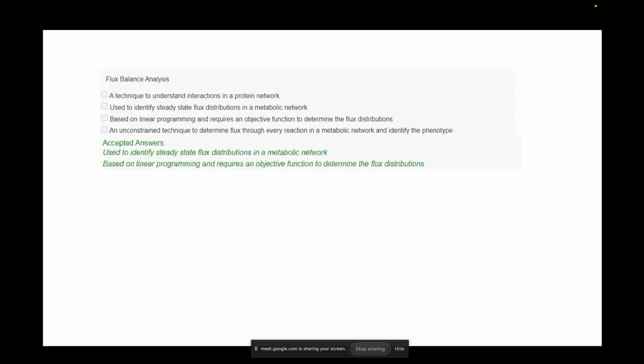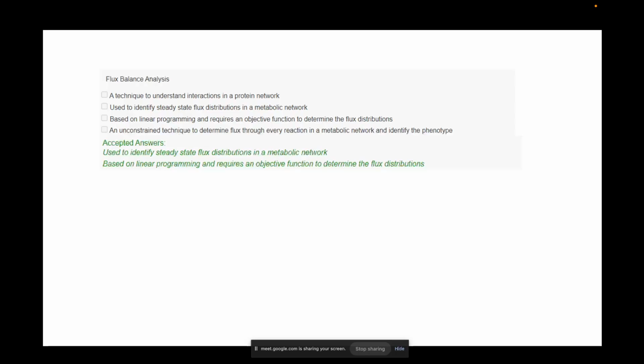Okay, so interactions in a protein network, I don't think you can do it with flux balance analysis. What you can do is calculate by simply minimizing the parameters, but understanding how it is interacting is not for FBA. For that, you need to do some sort of ordinary differential equation based analysis.